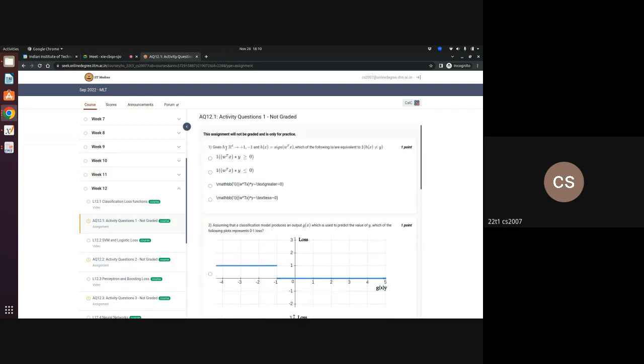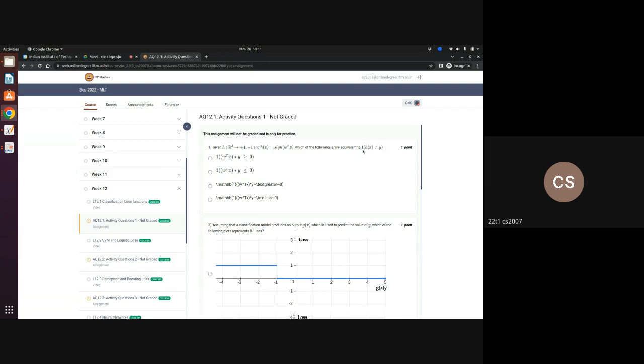Okay, so what's the question? There is a model which transforms a d-dimensional data point to either +1 or -1. The model takes the sign of W transpose X. Now we are asking which of the following are equivalent to this.